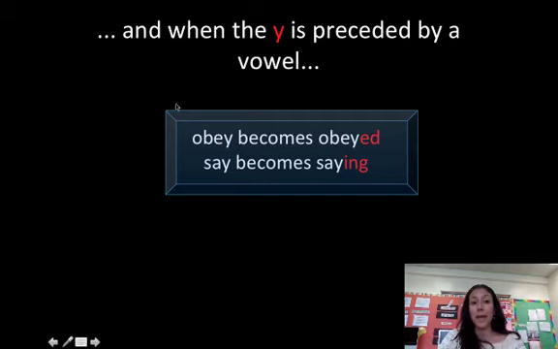This verb, obey, ends in a Y, but it's preceded by a vowel. So the Y stays the same, and you just add the ed. So obey becomes obeyed, and say ends in a Y, preceded by a vowel, stays the same, and becomes saying. So when it is preceded by a vowel, the Y stays the same.